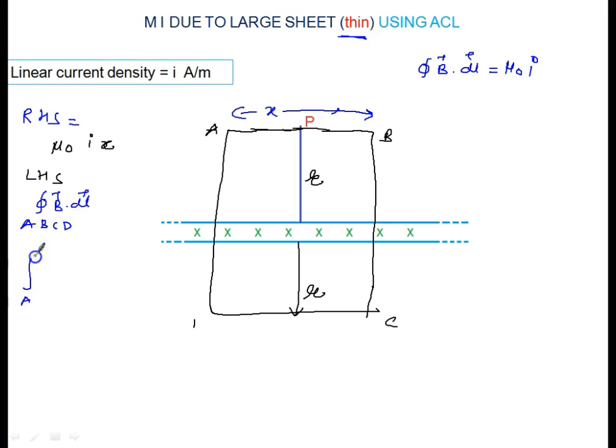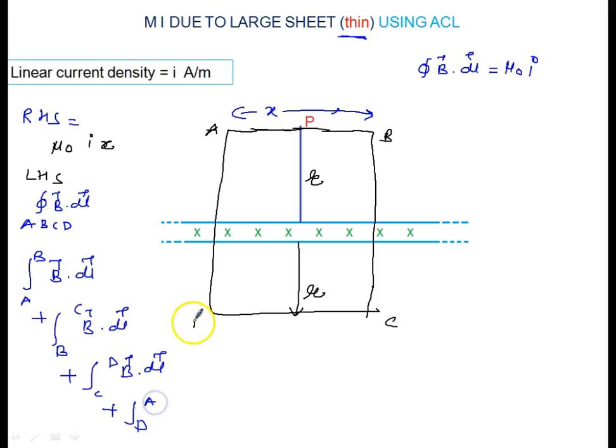Firstly we will integrate from A to B, B dot dl. Then I will integrate from B to C, B dot dl. Then from C to D, B dot dl. And then finally I will integrate D to A. I think D is not visible to you. D to A, B dot dl.